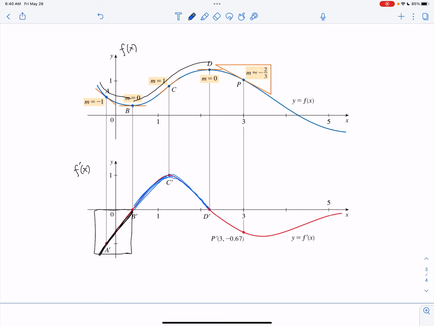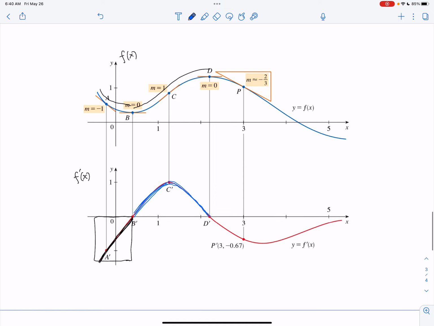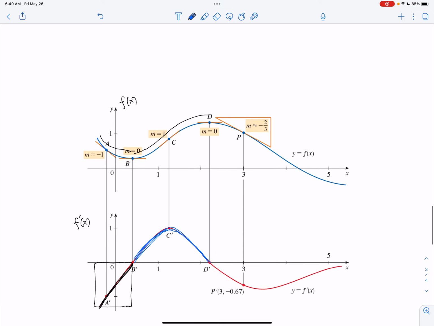But still, even though they are all positive, they have different values. Okay? So that's why we call the derivative, some people call that rate of change. So that's also another name for derivative.